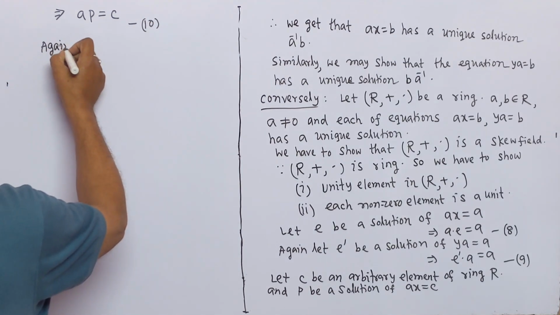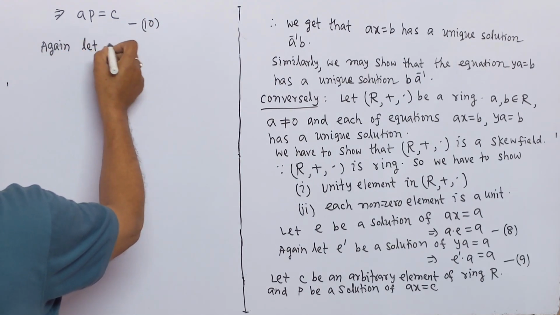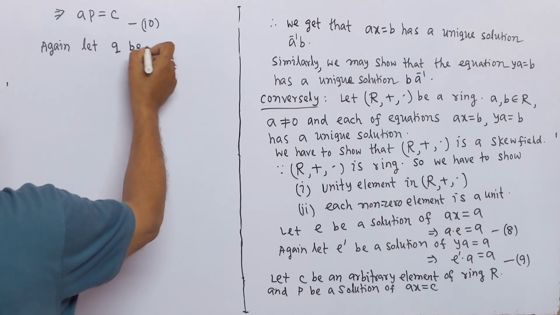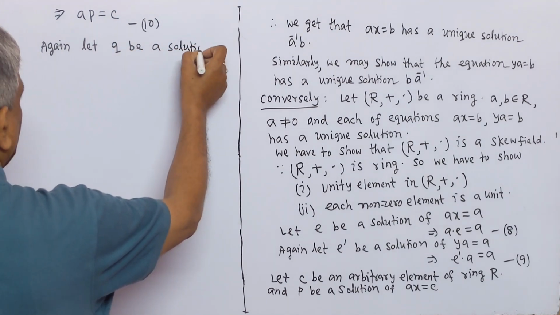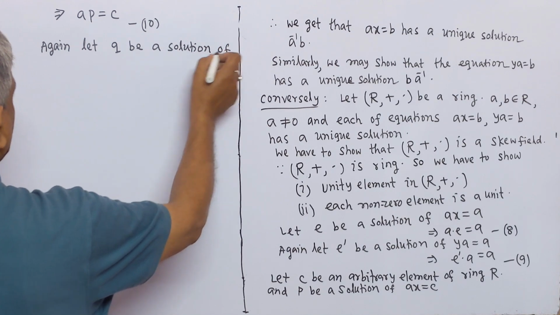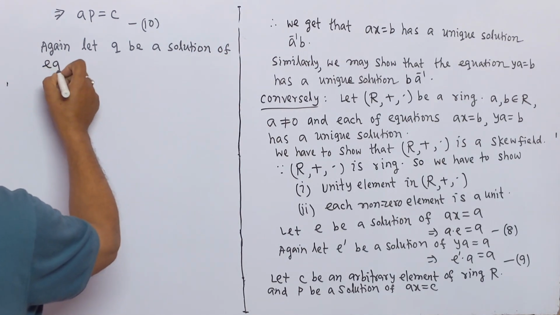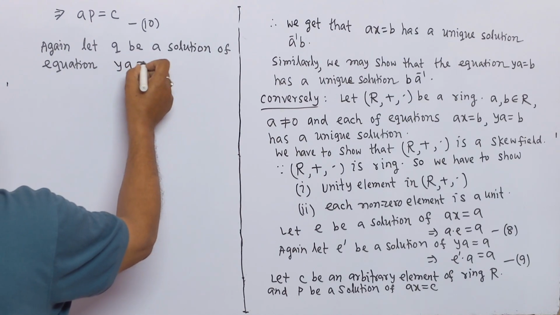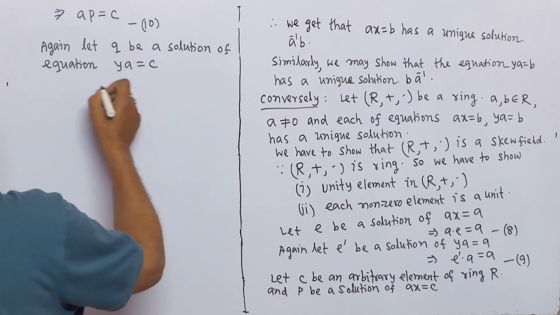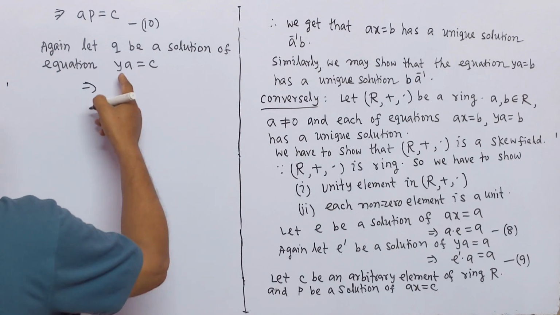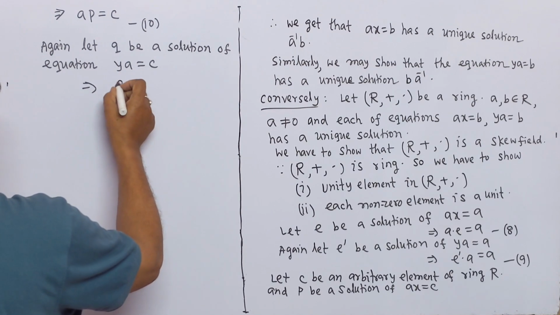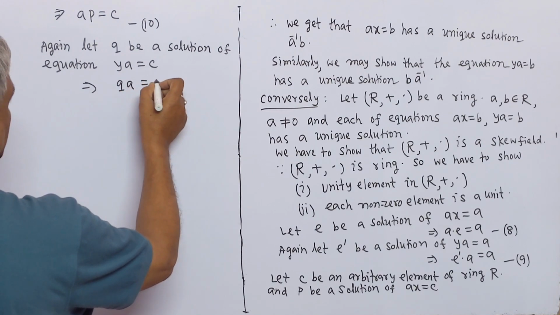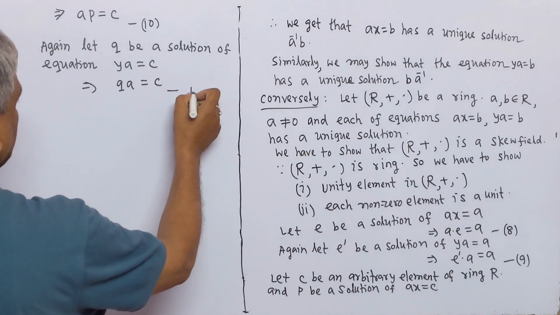Again, let Q be a solution of equation ya equal to C, implies that in place of y we write QA equal to C. This is 11.